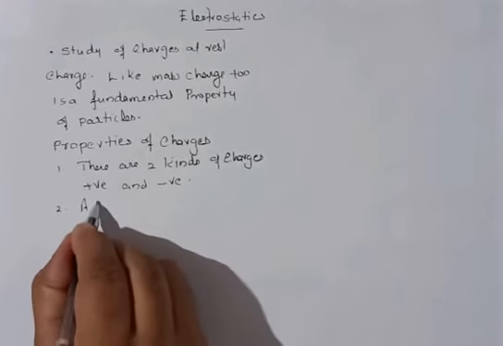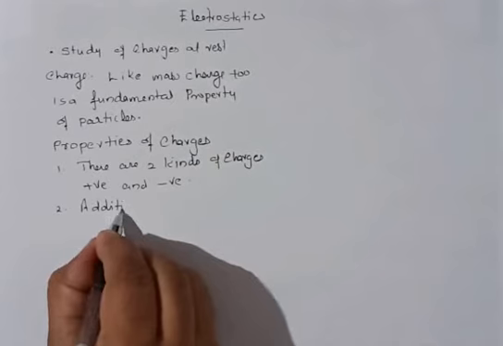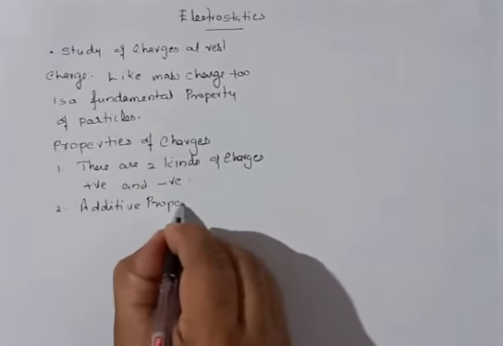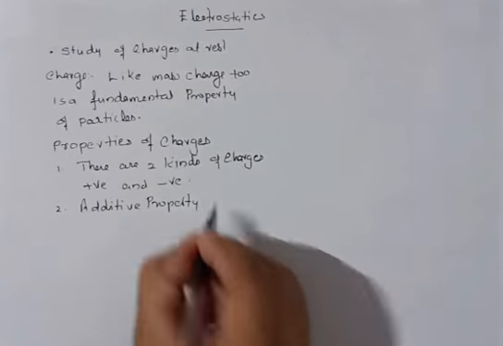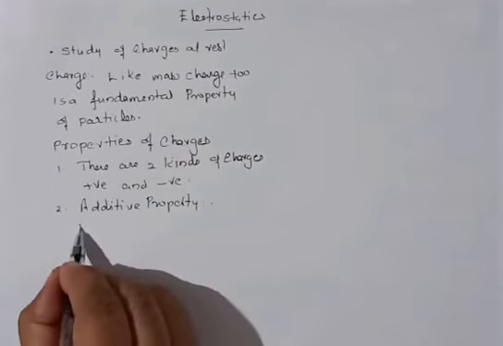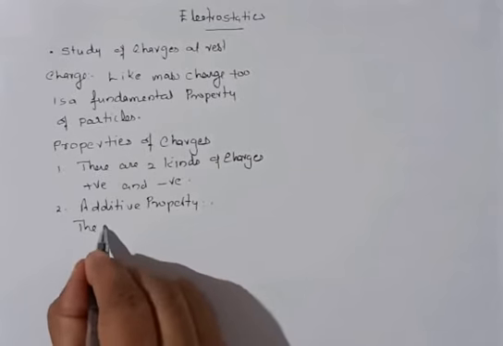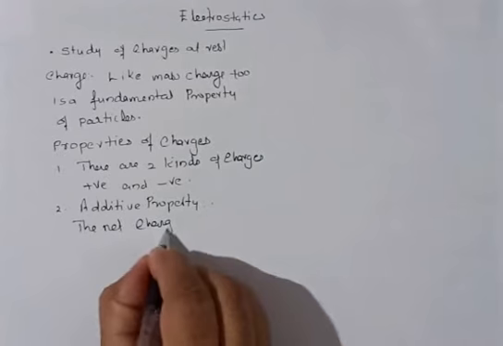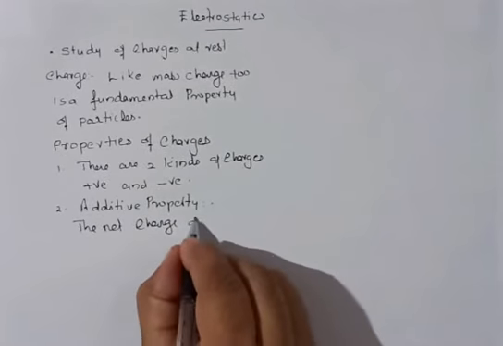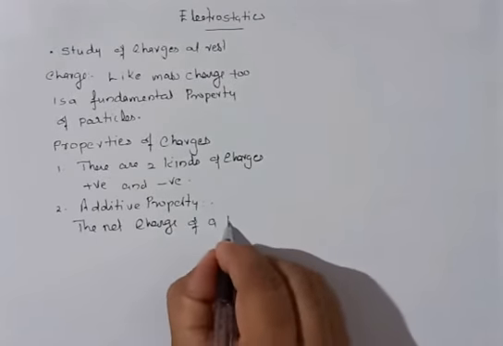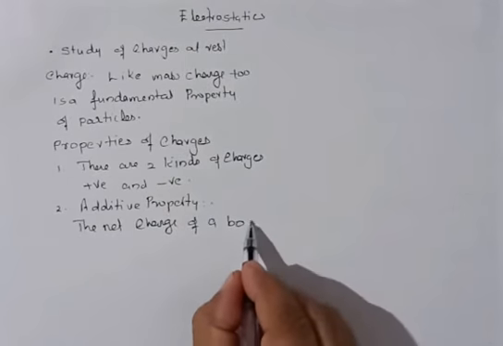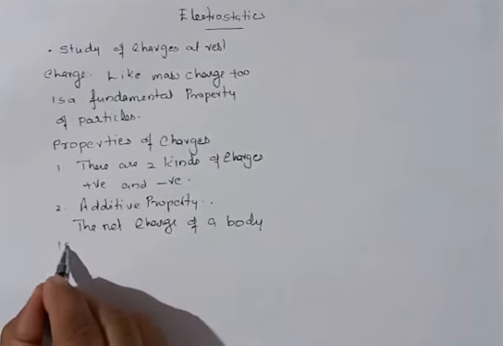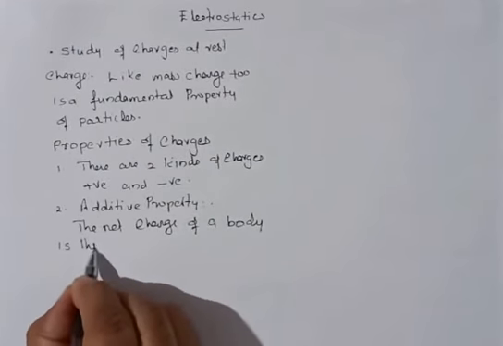The second property is the additive nature of the charges. It means if there are several charges, both positive and negative charges on a body, if you want to find out the net charge of that body, you need to add those charges together. You need to take the signs into consideration. So the net charge of a body is the algebraic sum of all charges on that body.